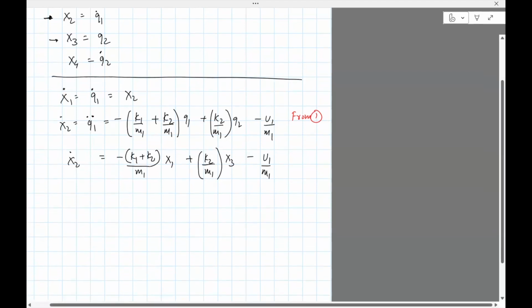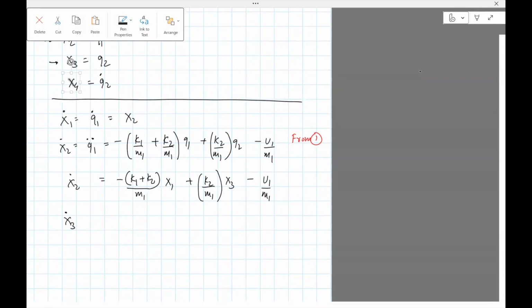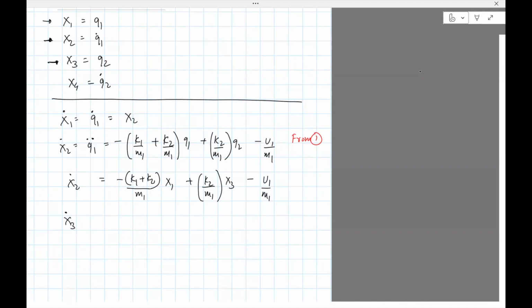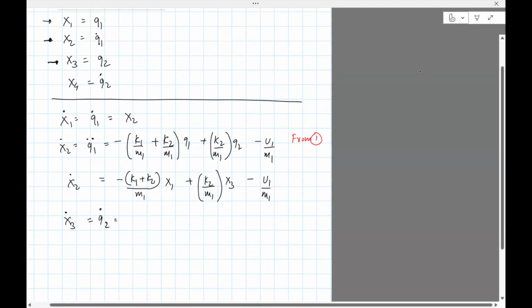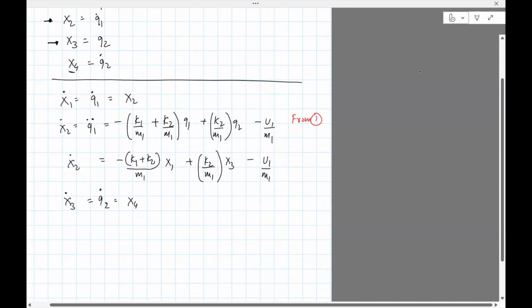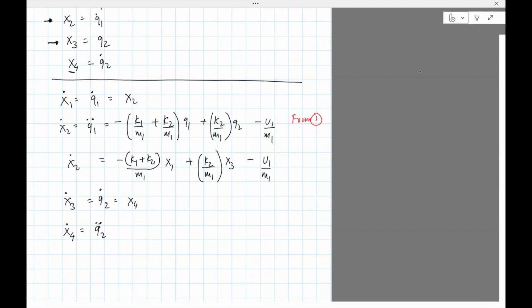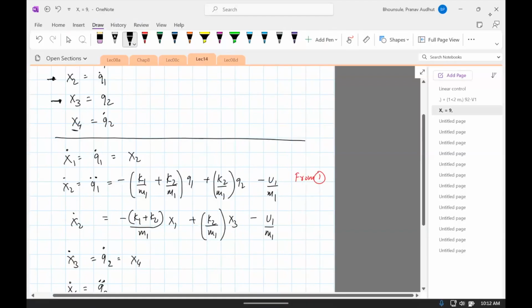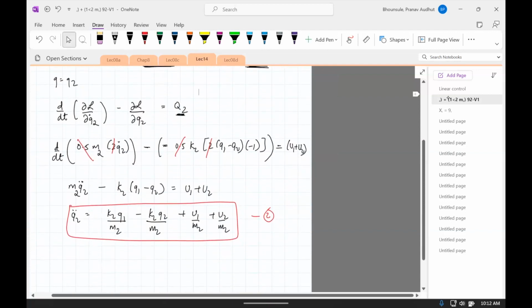Okay, next we have x3 dot. So take the third term here, take the derivative. That's q2 dot, but q2 dot is nothing but x4. So that takes care of the third equation. And finally, x4 dot is q2 double dot. I need to again go back to my derivation and pick the second equation.